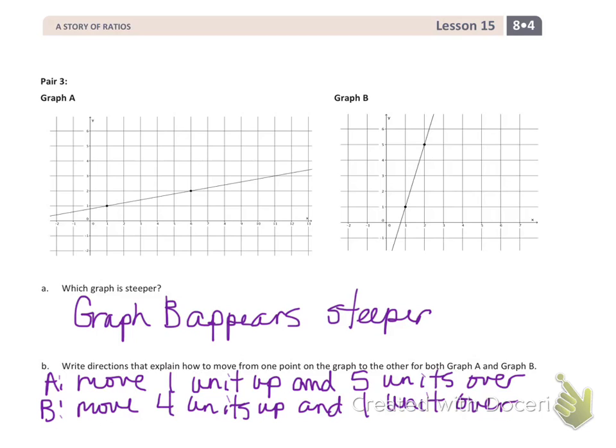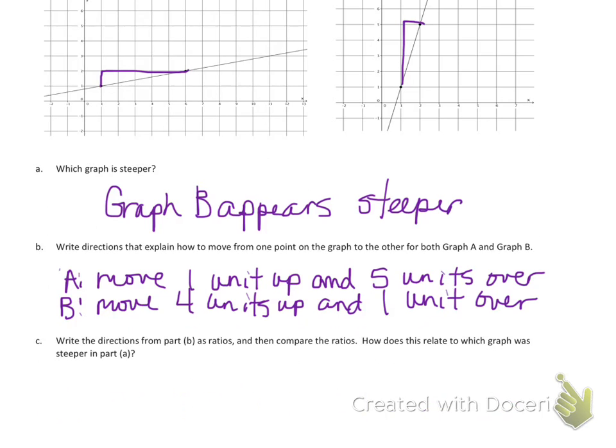All right, for pair 3, graph B appears steeper, and the directions for moving for graph A would be to move 1 unit up and 5 units over. And for graph B, I would be going 4 units up and 1 unit over. And now when I write them as ratios, for graph A, the ratio is 1 to 5.